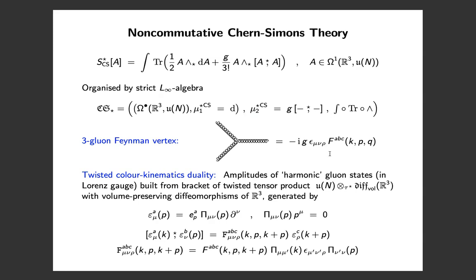In the interest of time, I'm not going to explain a lot of what this says, but you can naively read off from this vertex that the numerators factorize into twisted tensor products of the Lie algebra U(N) with the infinite-dimensional Lie algebra of volume-preserving diffeomorphisms of R3. That's what these epsilons are, very roughly speaking. I don't want to explain this too much because I want to get to the punchline here.